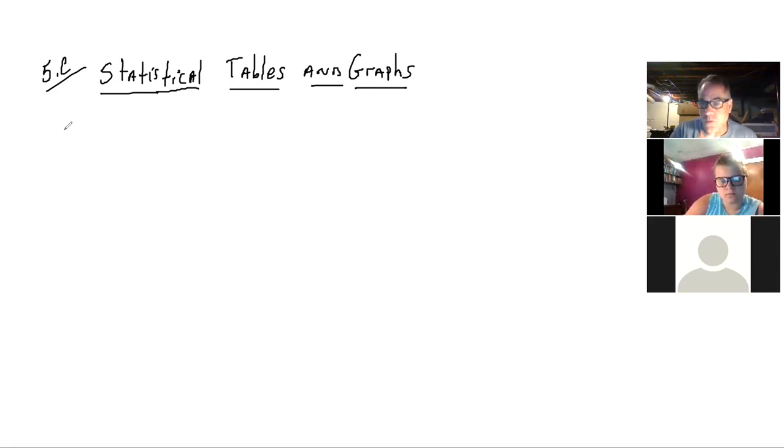There's going to be several that we're going to look at, starting with the most basic thing, what we're going to call a frequency table.